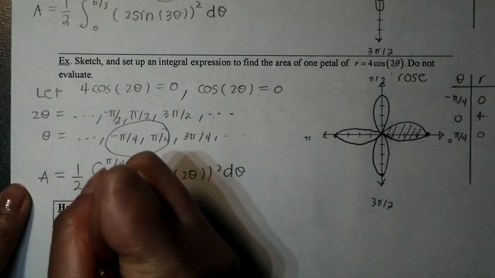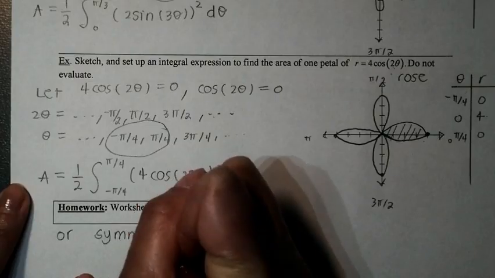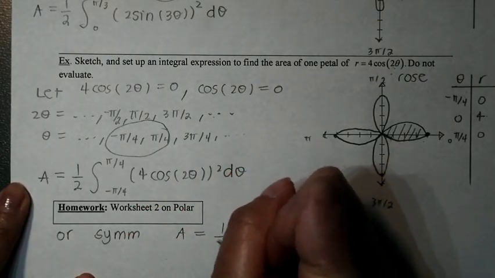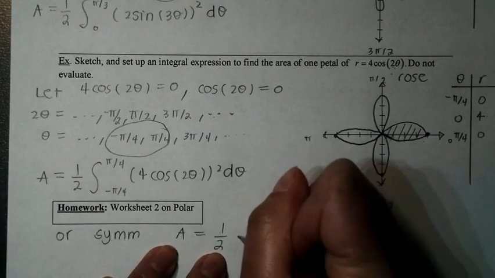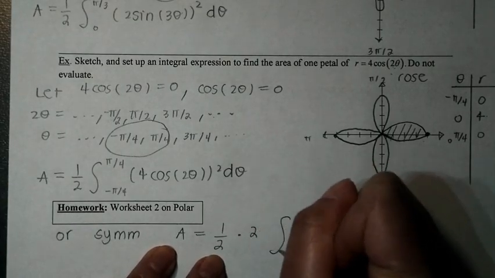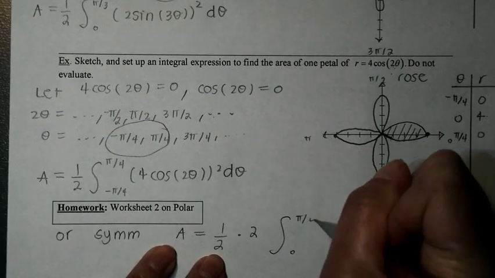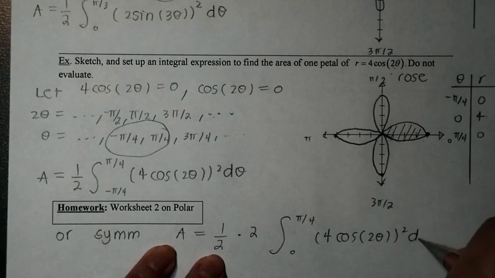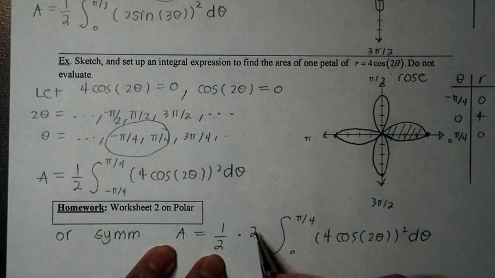Yes. If you use symmetry, okay, because you know that this one is symmetric, you can tell me that the area is equal to 1/2, and then times 2, and I'm going to show you why, from 0 to pi over 4, 4 cosine of 2 theta squared d theta. Why am I multiplying it times 2?